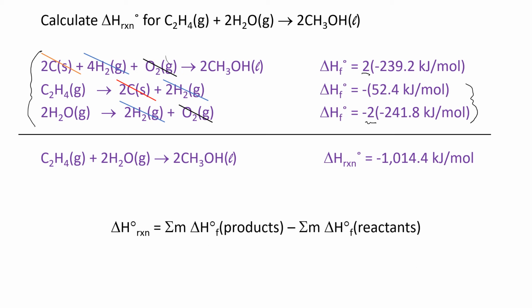And if we compare the math that we did in adding up the heats of formation of the reactants and the products, I think you'll be able to see where this granddaddy equation came from. You'll notice that each one of these was multiplied by a coefficient. The middle one had a coefficient of 1.